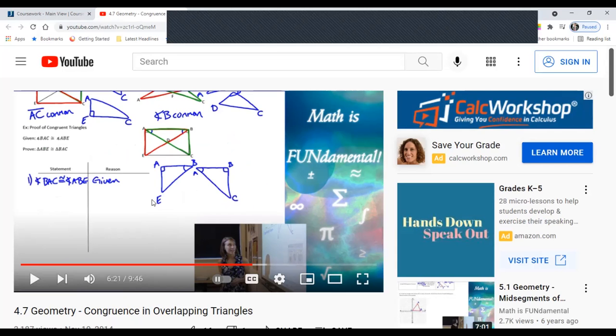Want to prove that ABC or BAC is congruent with ABE, right? So ABE, this one with this one.